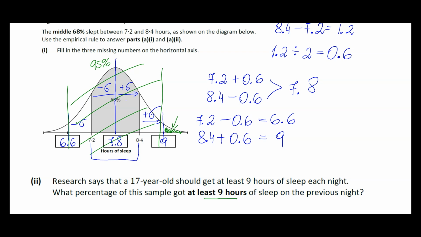So from 95%, I have 5% left, isn't it? That will be 2.5% on one side and 2.5% on the other side. So that's what we have percentage-wise in this sample: 2.5% got that full night's sleep.